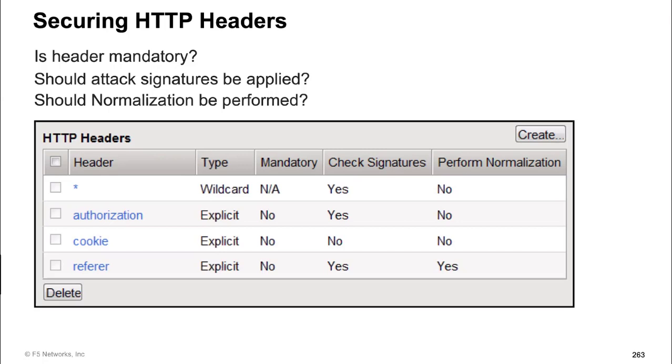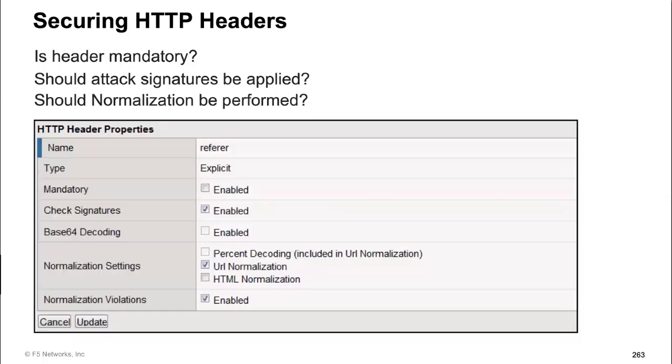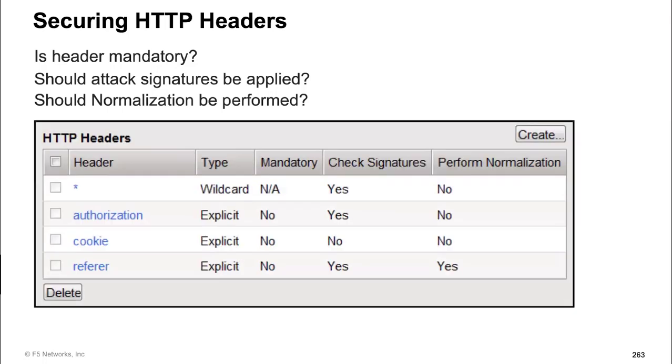We'll talk about normalization in great detail tomorrow. Once again, here are the examples for the referer header. It's explicit. It is not mandatory. We can do signature checking on the referer header values, and we can also perform normalization, which we'll talk about more tomorrow. But we always recommend, guys, if you can, just keep this intact. Keep the wildcard in there so we can trust the web application headers and the response.